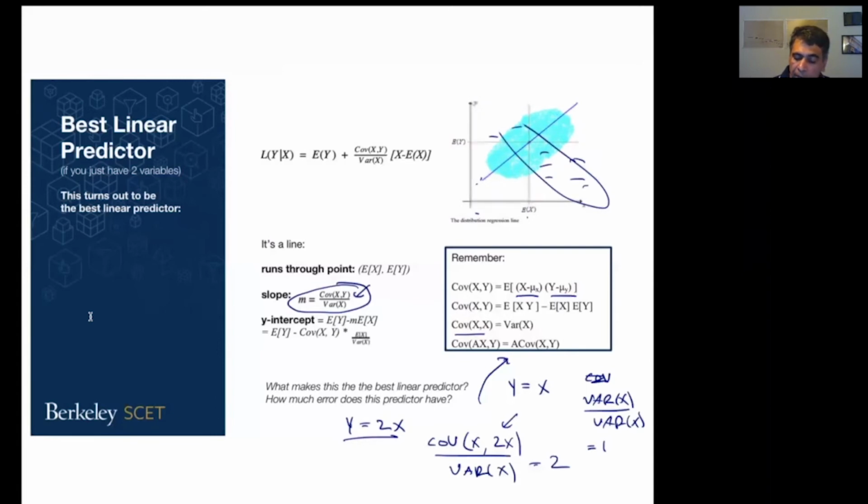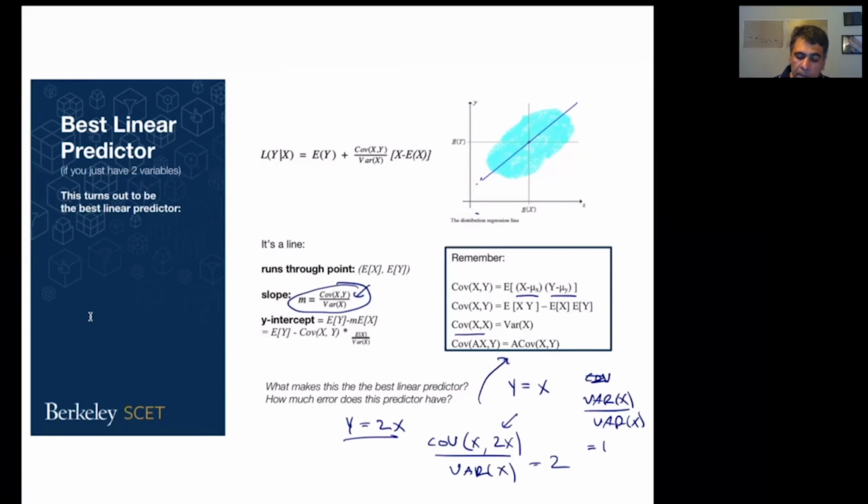Okay, and that's the term that's on the top. And the term that's on the bottom that determines your slope is the variance of x. Variance of x is always a positive number, but when variance of x is very small, then your slope is going to be higher. And when the variance is broad, when it's wide, then you're going to have a shallower slope. So anyway, that's the intuition for covariance.